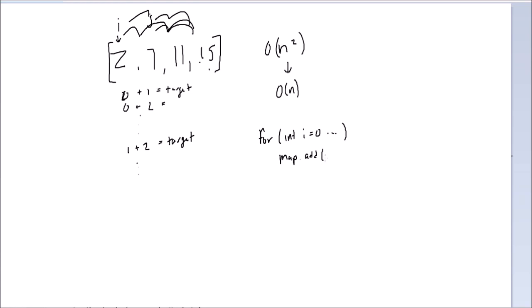So let's make this more clear. So nums is equal to that array. Then we can say that nums[i] would be the key, and the pair would be i. So it would keep the index that it wants, and we just have a for loop there.